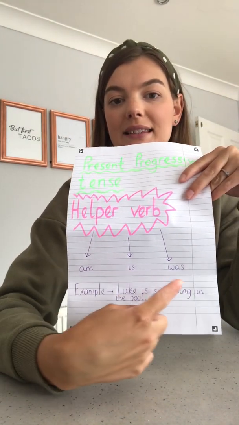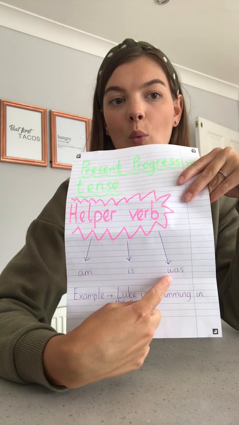Am, is, and was. We then add ing to our verb to show that it's in the present progressive tense. So we add ing to our verb.